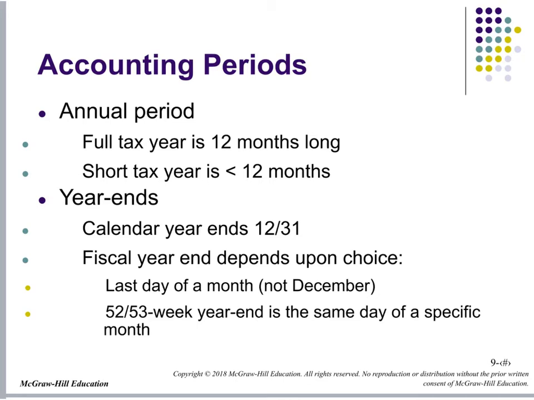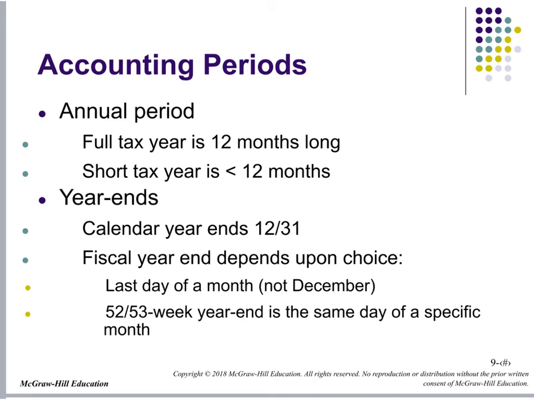And we've already talked about this a little bit, some aspects of this, I guess. So accounting periods. All right. A full tax year is 12 months. A short tax year is something less than 12 months for year ends. If you're a calendar year end company, then that's 12/31.